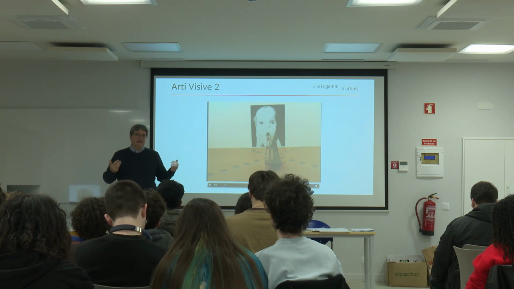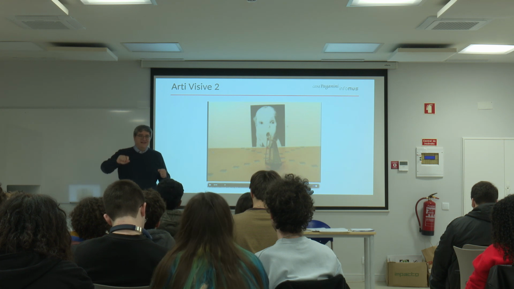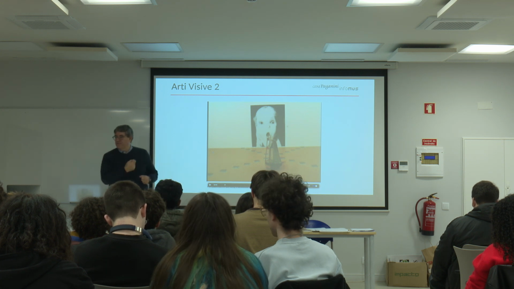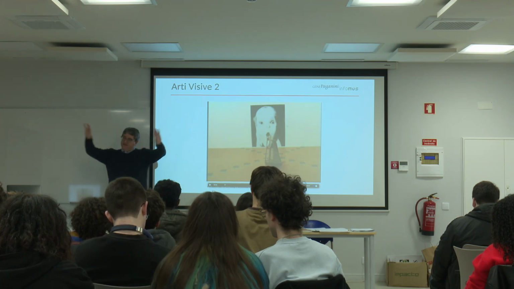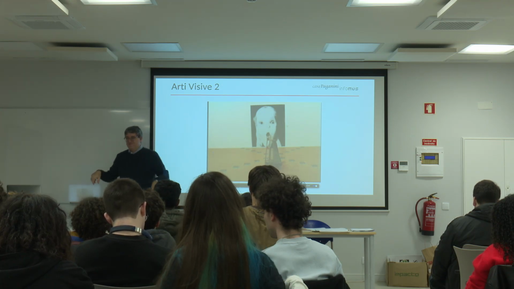So for example, if the robot is angry, you get a kind of spiral that deforms the whole picture. So this image is projected onto screens around the exhibition.